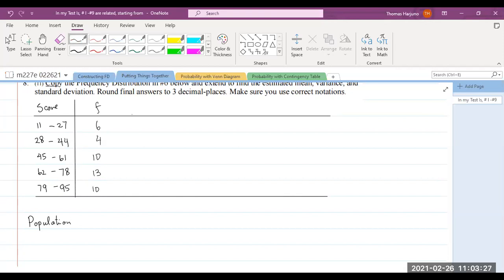Now you need to remember how to extend this table though, to find the mean, and variance and then standard deviation. To find the midpoint first. And then multiply the frequency by the midpoint.